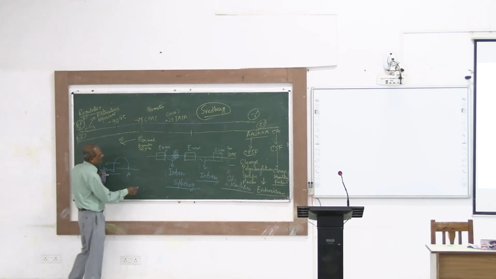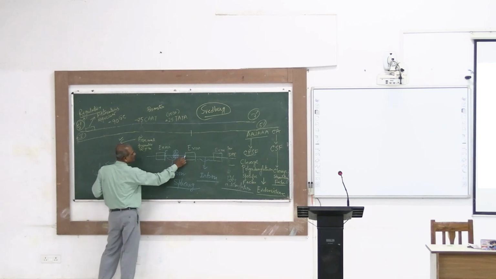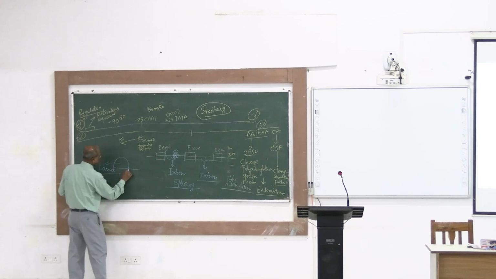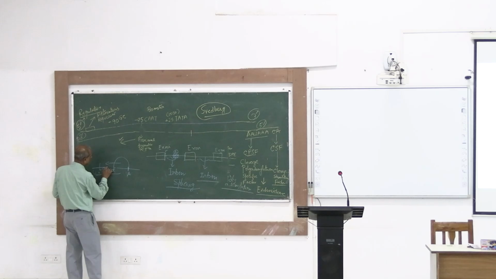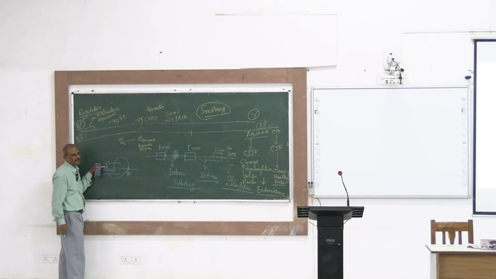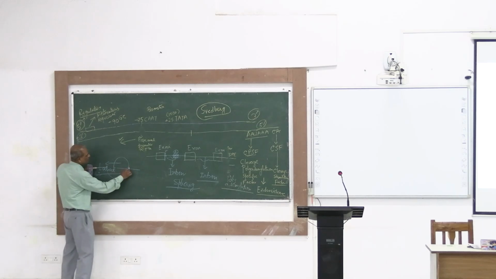And then this part will make a nucleophilic attack here also. This end is there, this 3' hydroxyl is there. So, 3' hydroxyl will make a nucleophilic attack here. So, this part will be removed.